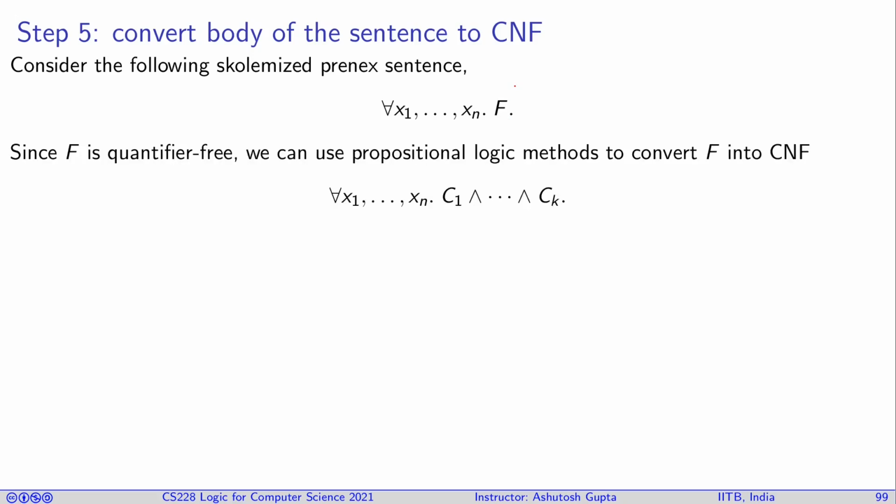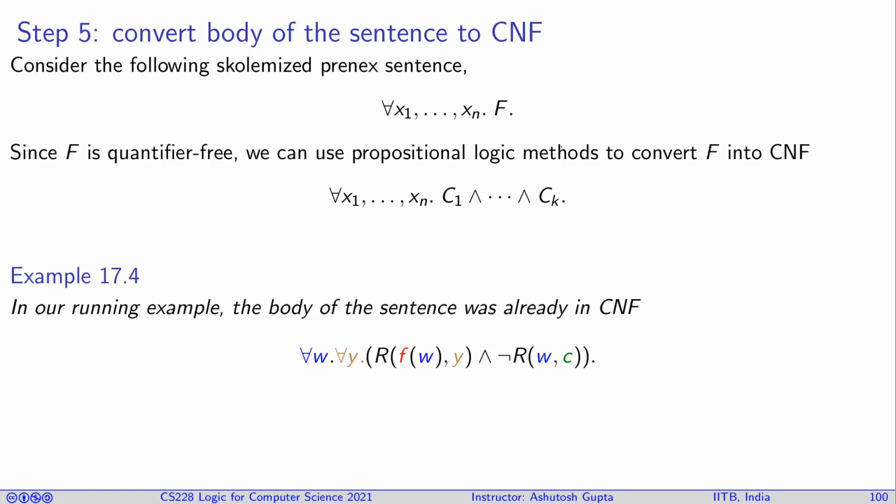You can apply any favorite CNF transformation of ours and turn this into clauses C1 to CK. You can use Tseitin encoding or other encodings, but Tseitin encoding is a slight problem, as it introduces fresh variables and you need to worry about the quantification over them. That issue I will not get into, but it's good to think about how that gets handled.